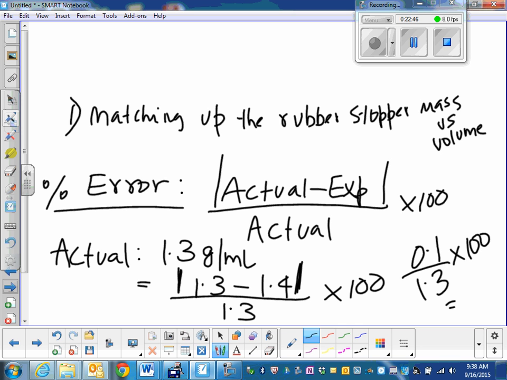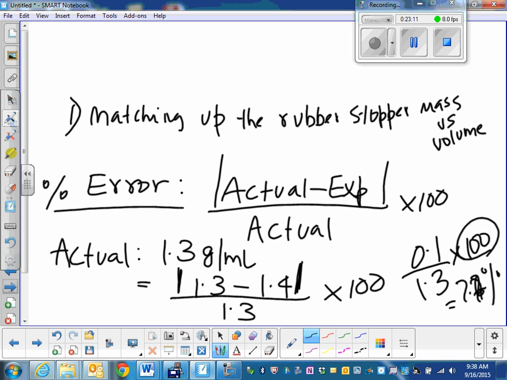Just one sig fig, right? 100 doesn't count for sig figs again. In percent, there are no units. It doesn't count. So what's my percent error? Can somebody put in 0.1 divided by 1.3 times 100? What's my percent error? Yes? 7.692307. 7.69. So I'm going to say 7.7%.